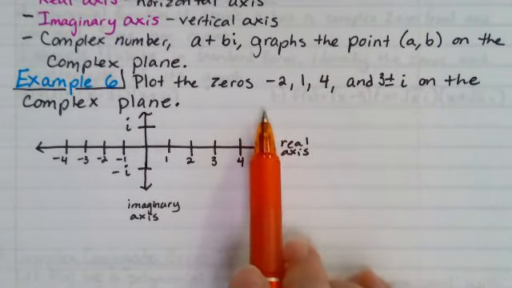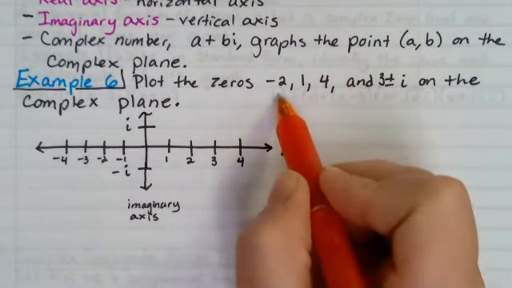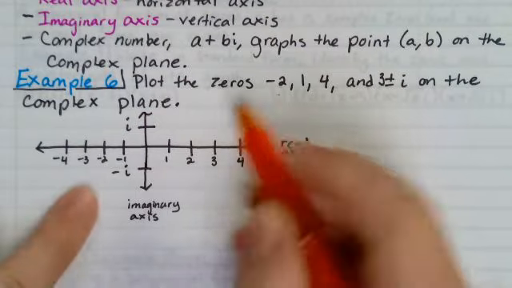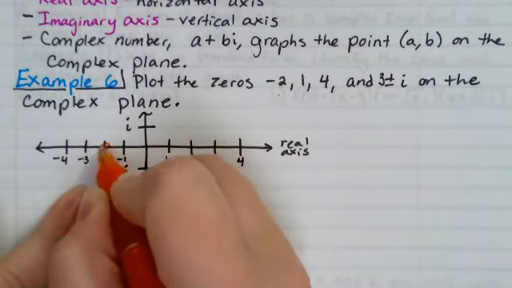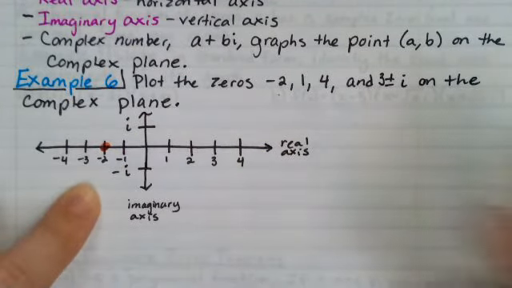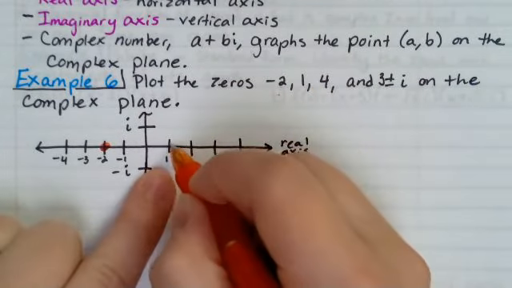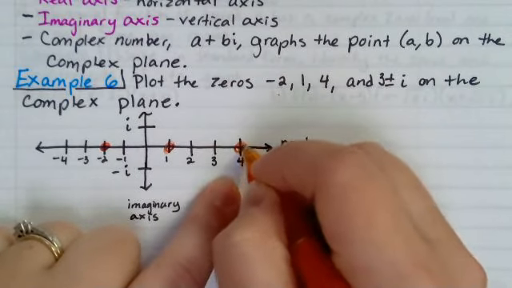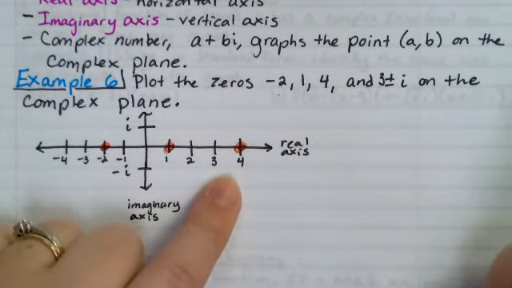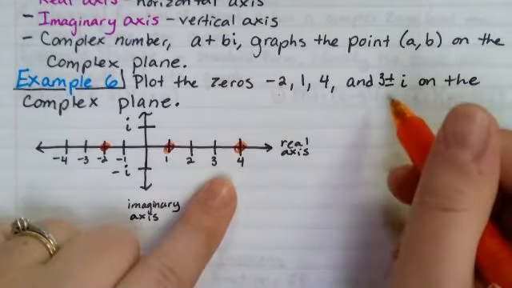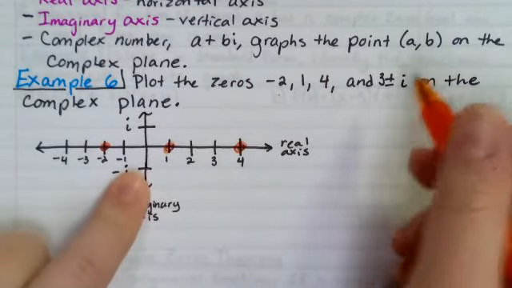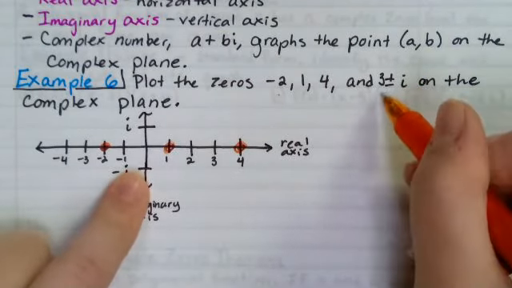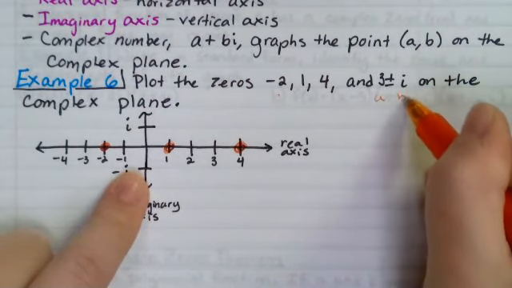But for these zeros, all we're going to do is go to where it says -2. So -2, and you would put a point. Then I'm going to go to where it says 1, put a point. Go to where it says 4, put a point, okay? But then when it comes to the 3 plus or minus i, again, this is like the a, this is your b.